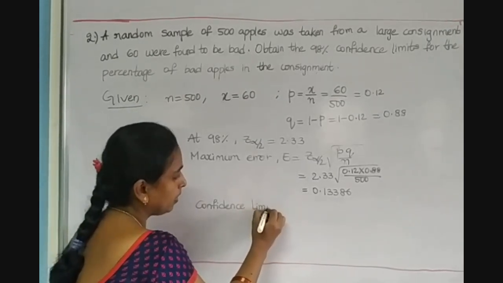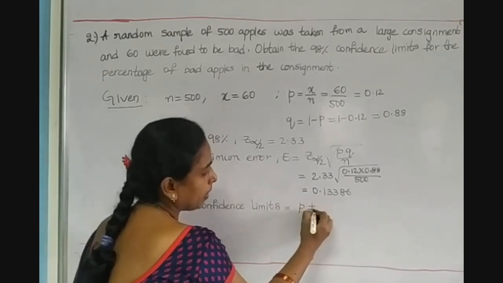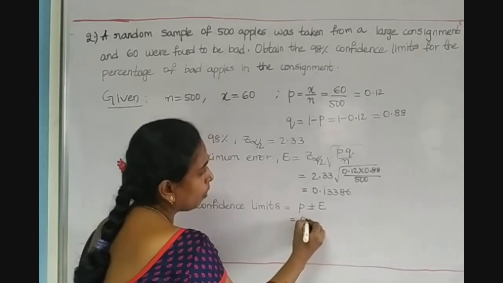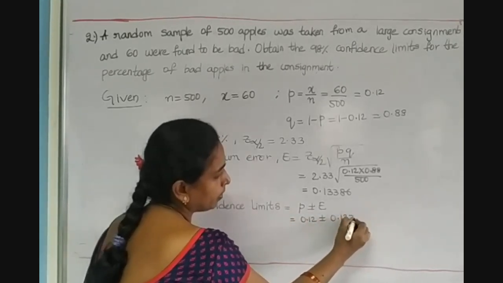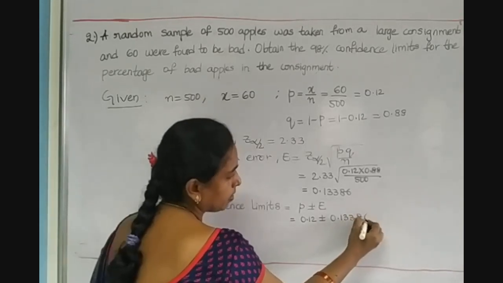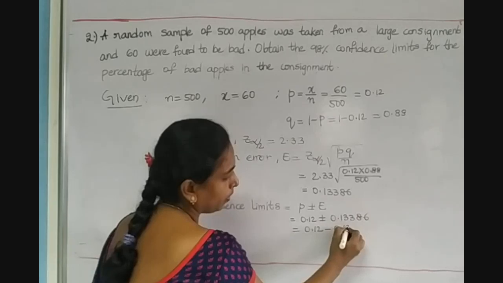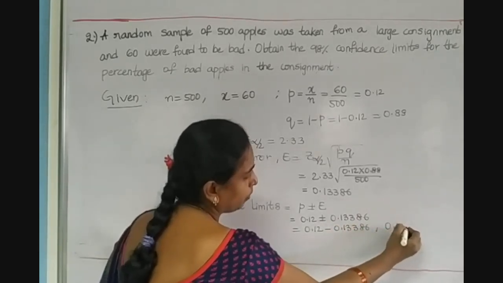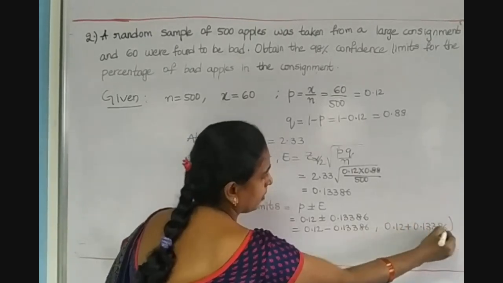So confidence limits for the proportion is p plus or minus E, which is equal to 0.12 plus or minus 0.13386. That is 0.12 minus 0.13386 comma 0.12 plus 0.13386.